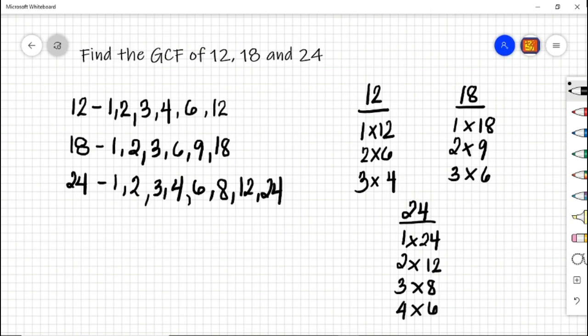Now, after listing all the factors, this time we're going to get the GCF of 12, 18, and 24, or the largest factor that is a factor of 12, 18, and 24.